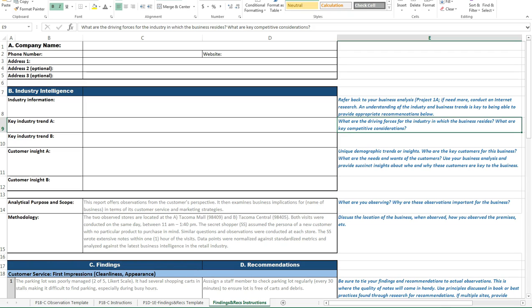And when I talk about driving forces for an industry, you want to really look at what is impacting the industry in which the business resides, okay? Because the business is within a greater market force, and it cannot necessarily affect that entire industry by itself. It is affected by the market forces in the industry.